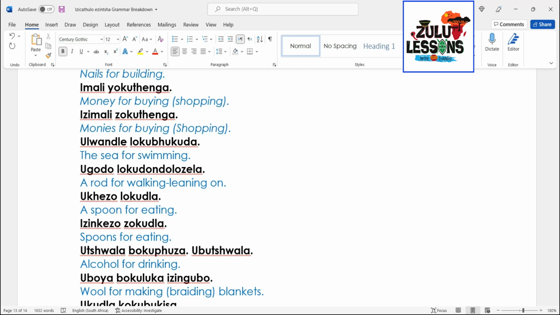So utshwala is what you'll always find it being. So utshwala is a class 7 noun. And then we say bokuphuza, so for drinking, because I needed to make an example. So I just wanted to make these examples together with a gerund, all of them. So I'm hoping you understand.